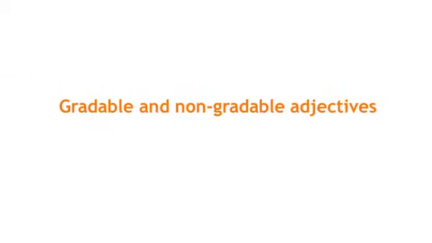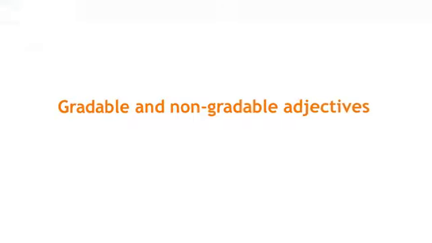Here we come to our grammar lesson and vocabulary, gradable and non-gradable adjectives. In this lesson, my dear students, we have two kinds of adjectives. The first one is gradable and the second one is non-gradable.